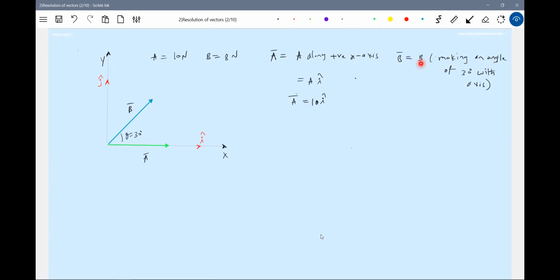This is the magnitude and this is the direction. Or if you define this as east, this is north, and this is vector b bar, and this is 30 degrees, then b bar can be written as 8 Newton, 30 degrees north of east.